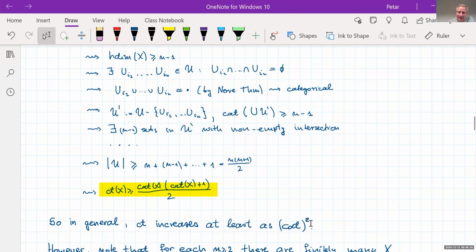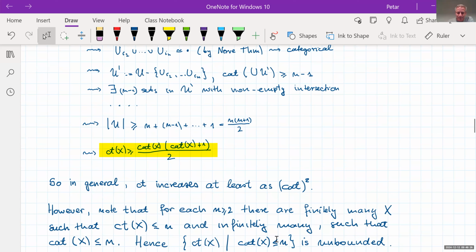But don't expect too much from this, because for a fixed number n, at least 2, since for 1 everything is contractible, you have only finitely many spaces whose covering type is up to n, because these are just subcomplexes of an n minus 1 dimensional simplex.